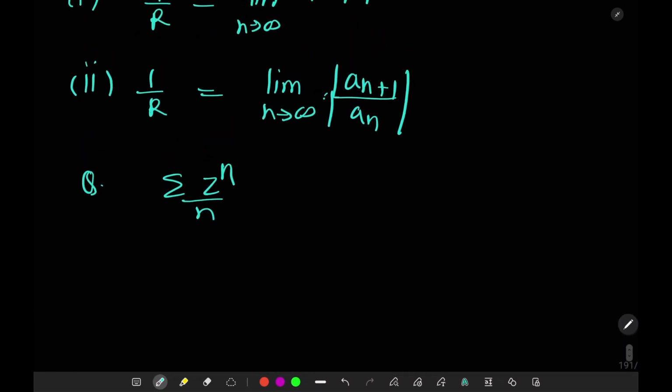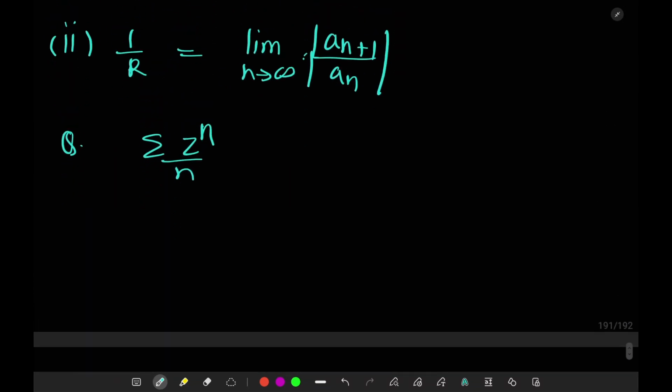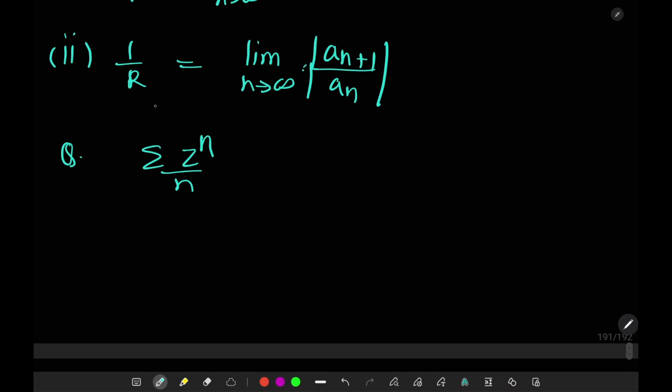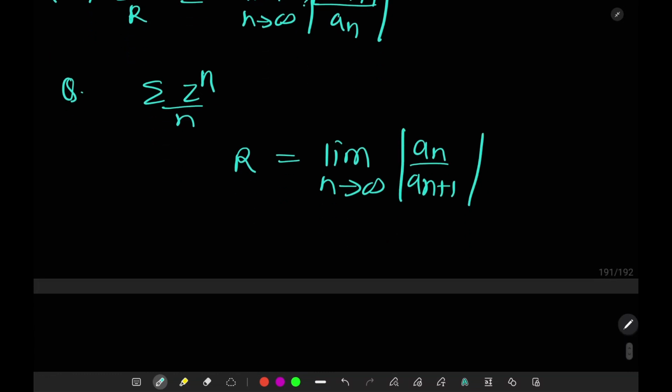Here f(z) is given, so we need to find the radius of convergence of f(z). Using this identity, we can write R = limit n tends to infinity a_n / a_(n+1). These are very simple questions.